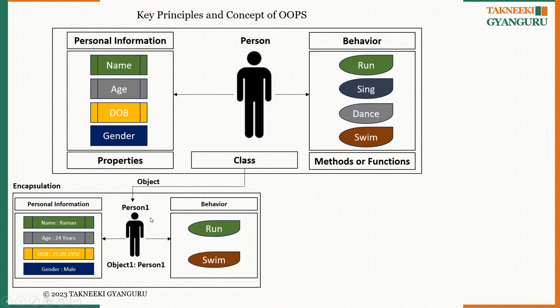Also it has some access specifiers. Access specifier means we can define which behavior can be accessed in the object, right? So maybe here in object one we can't access sing and dance, so we just hide this information from the class or this object, right?